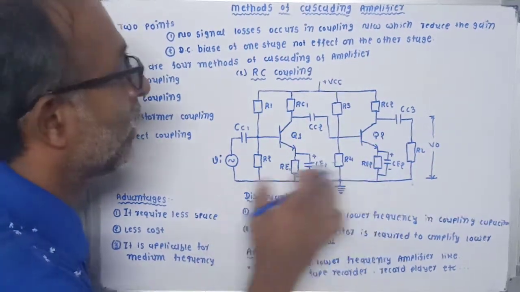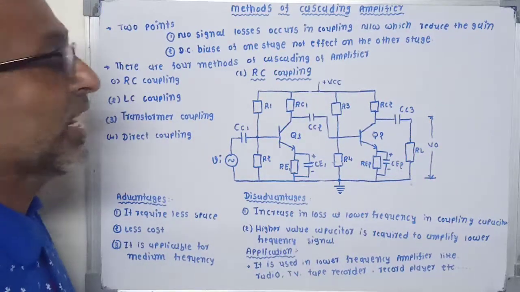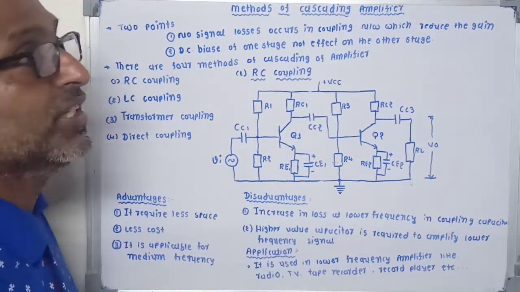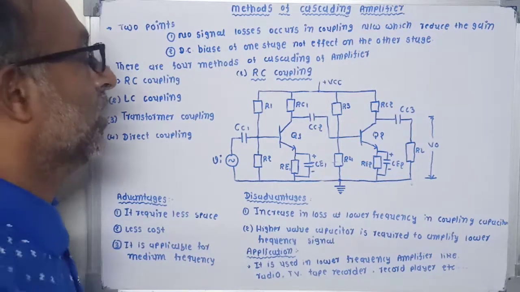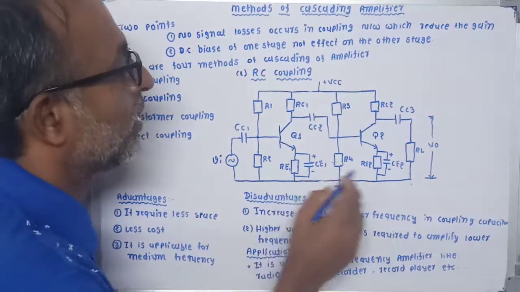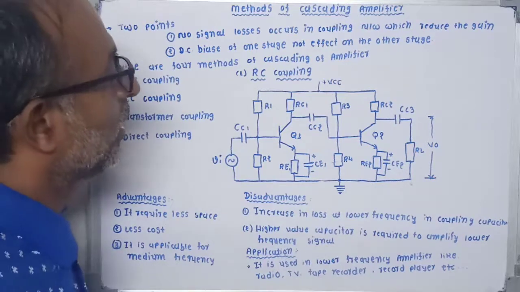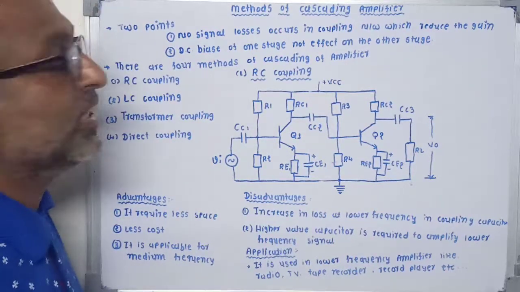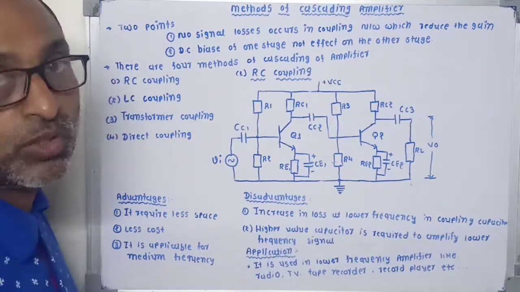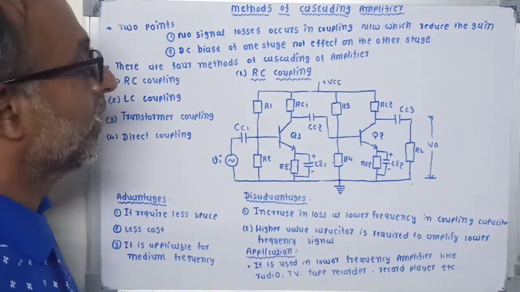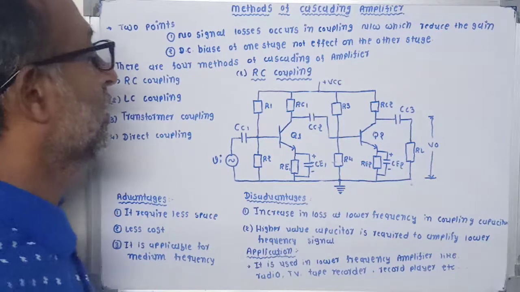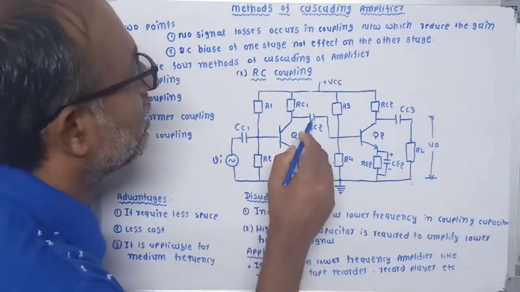Here RE1 and RE2 are the emitter resistances, which are used to improve the stability of the amplifier. Similarly CE1 and CE2 are the emitter capacitors, which are used to compensate the reduction in the gain of the amplifier.